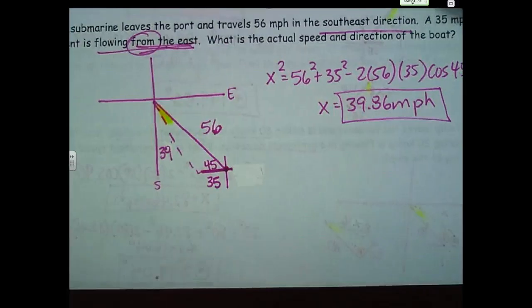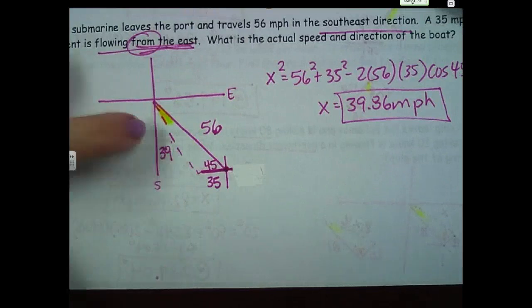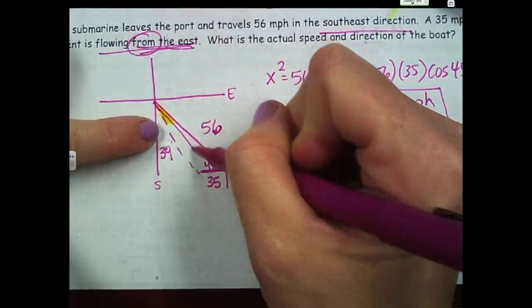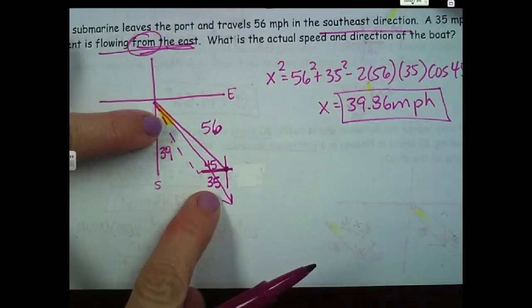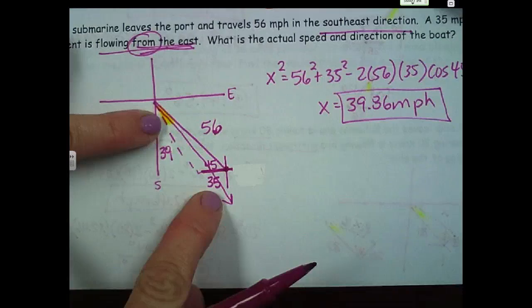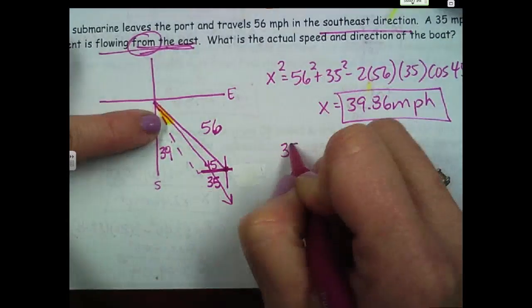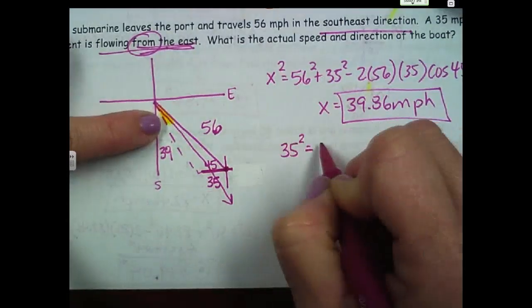When you use the law of cosine, you use the angle and the matching side. What side matches this angle? The angle and what go together, guys? The angle and 35. You always start with the side. So 35 squared. And then you use your other two numbers.